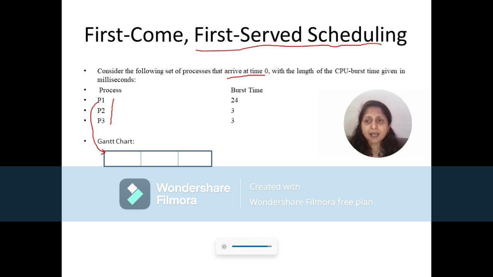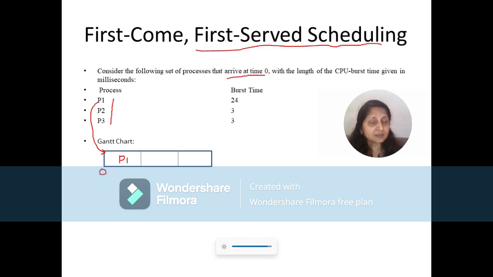As per the sequence given and the information provided to us, the first process that gets the chance to get inside the CPU is process P1. At what time does P1 get the chance to get inside the CPU? At time 0. So in my Gantt chart, I write P1, which enters the CPU at time 0.